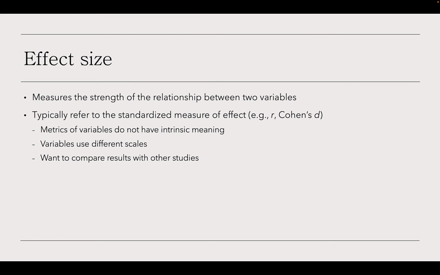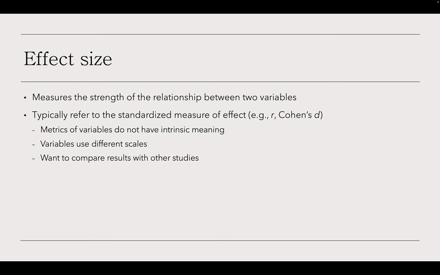First and foremost, the metrics of variables do not always have intrinsic meaning. You can think here like a simple one would be SAT score, like SAT math. What does that value really mean? What does the number really mean? Sometimes when we use ordinal Likert scales, there may be some intrinsic meaning there from maybe like strongly disagree to strongly agree.